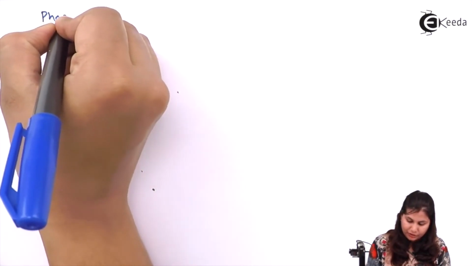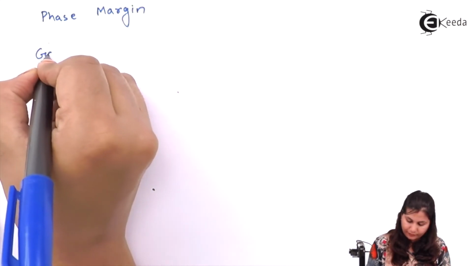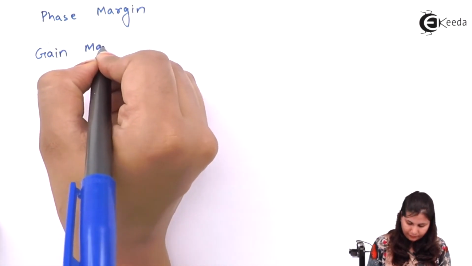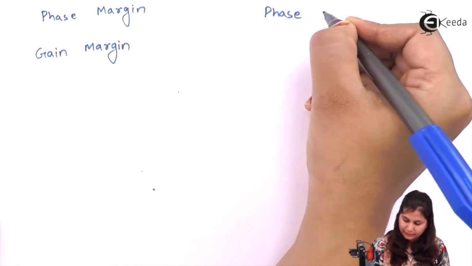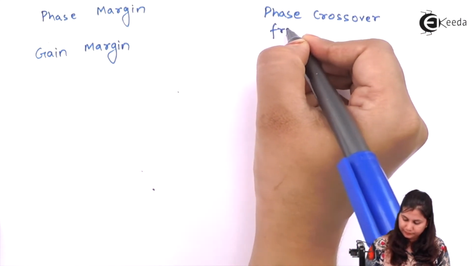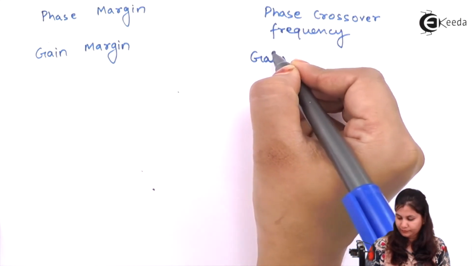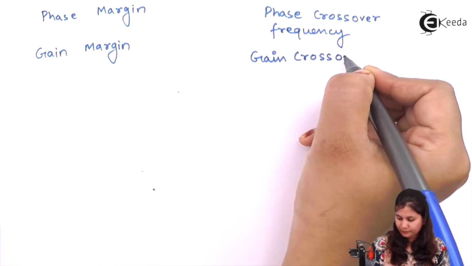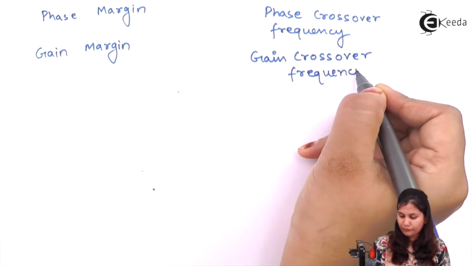So let's write what the values of all these variables are: phase margin, gain margin, phase crossover frequency, gain crossover frequency.